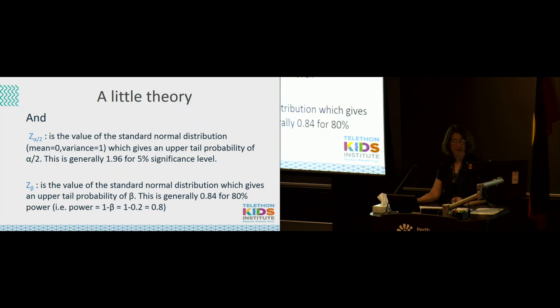And then Z beta, again, is an upper tail probability for that 80%. Remember, the blue distribution in the middle was 80%, so there's 10% in each tail.